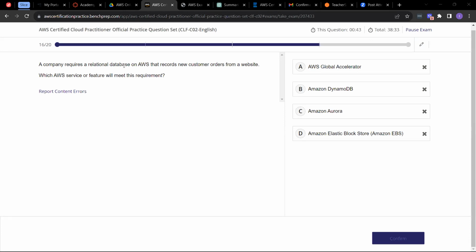So we are looking at a relational database that records new customer data from a website. Here I'm seeing C, I see B, I see E. This is what I like.